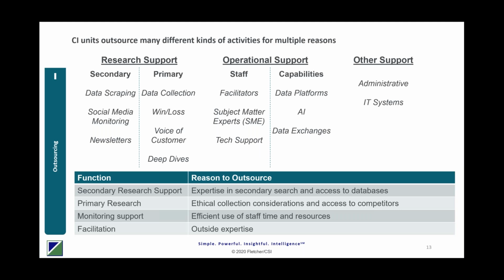So what do we outsource? What do we see most often? Pretty much everything that a CI unit can do is outsourced. Everything from research support, getting someone who can do secondary data scraping or social media monitoring, producing newsletters, or primary data collection, win-loss, voice of customers, competitive deep dives, deep investigations, operational support when you need a facilitator for an event, or a specific subject matter expert who can come in and talk about a very narrow focused project you have.